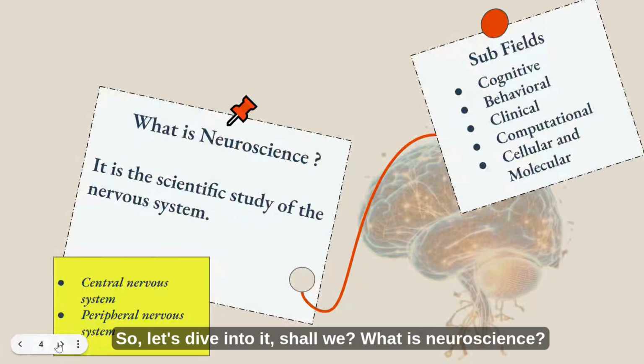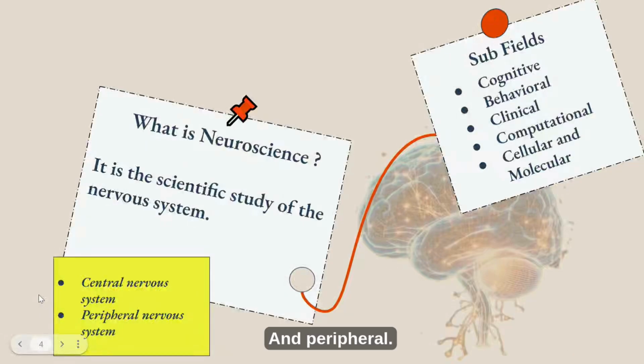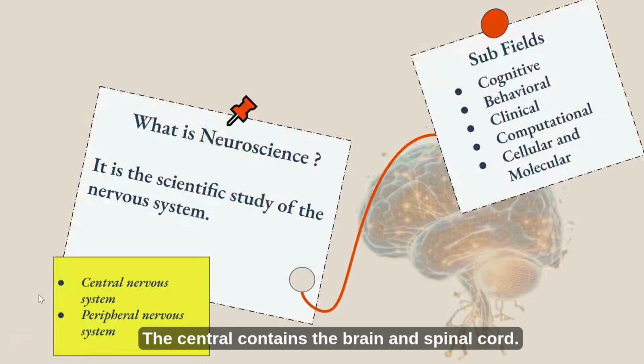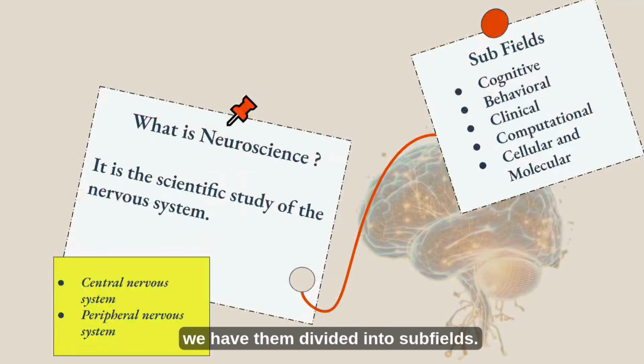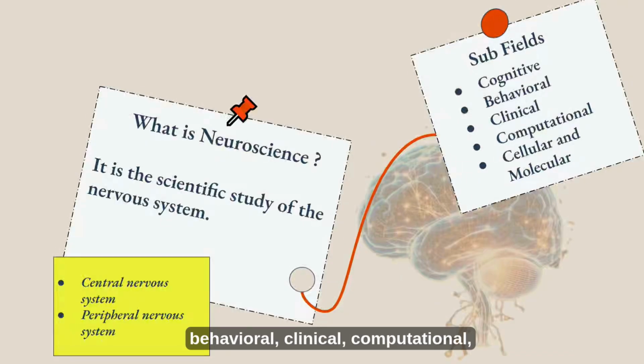What is neuroscience? Well, neuroscience is the scientific study of the nervous system, and the nervous system is divided into two parts, central and peripheral. The central contains the brain and spinal cord. Because the nervous system is highly complex, we have neuroscience divided into subfields like cognitive, behavioral, clinical, computational, cellular, and molecular neuroscience.